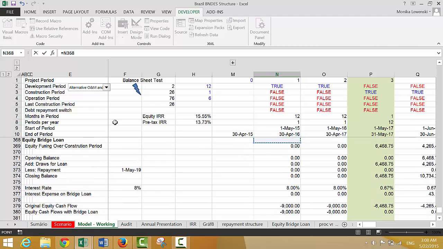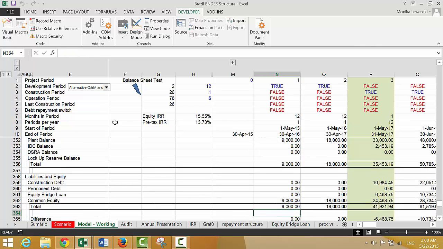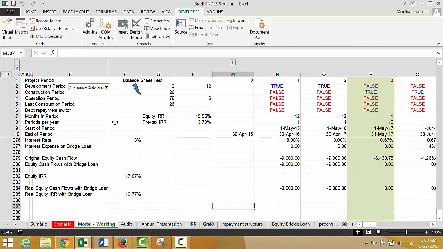well, I suppose let's be a little more transparent. Maybe we put equity contributions with bridge loan.